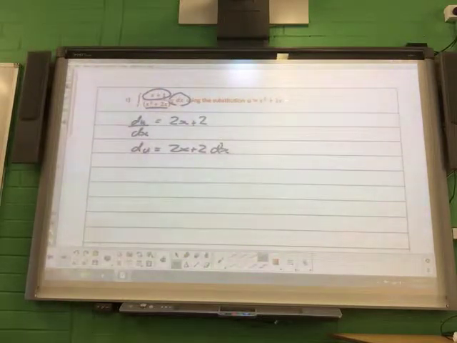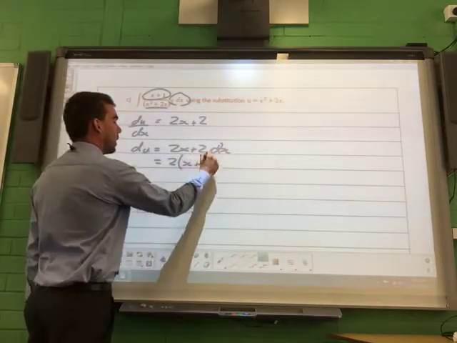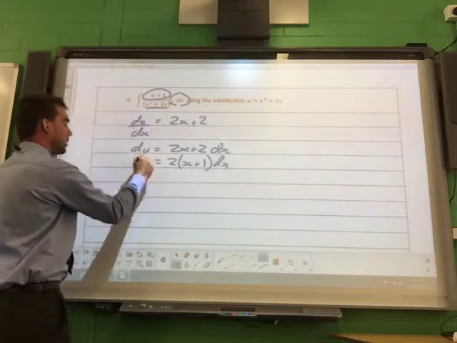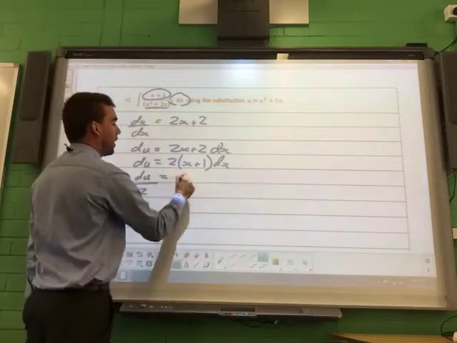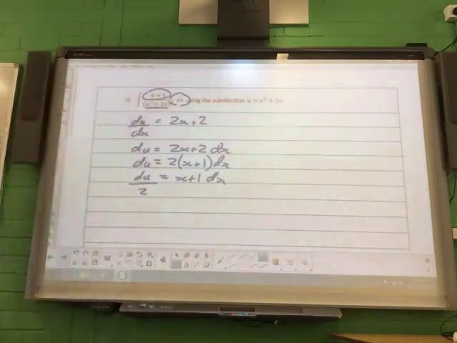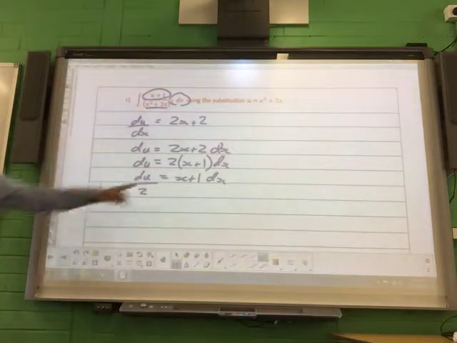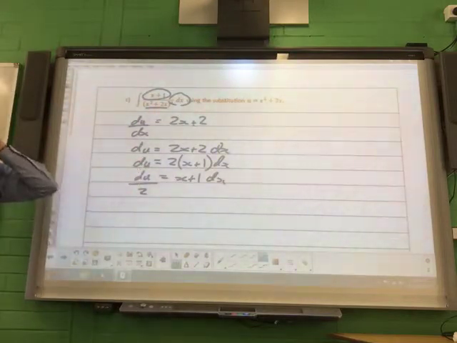Okay, so factorise. 2 times x plus 1 dx, so du over 2. So what you're writing here is what you need to replace inside the rest of your integrand. Okay, so x plus 1 dx is going to get replaced by du over 2.